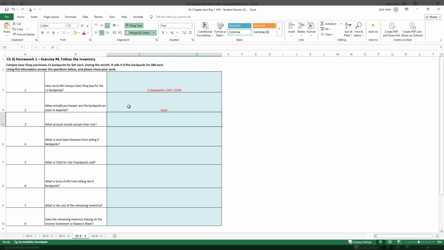It will become an expense later, and become cost of goods sold specifically when it is sold. What account would contain their cost? It's weird to say, but we could just say merchandise inventory, or inventory generally. That's the asset, that $540 of merchandise inventory.